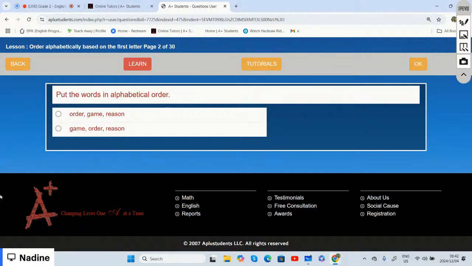If we look at the next one, we need to put these words in alphabetical order. It is first option one, order, game, and reason, or option two, game, order, reason. Which one is first?